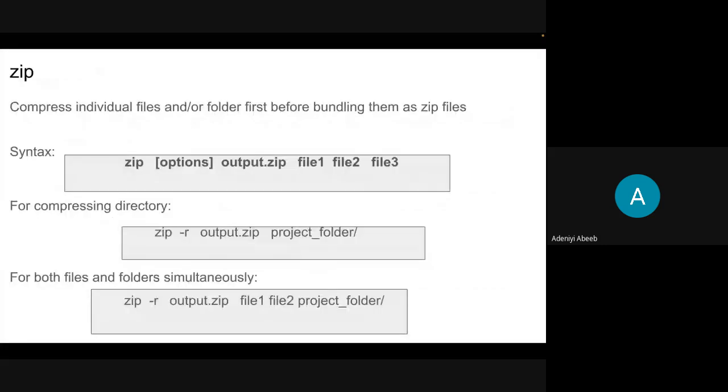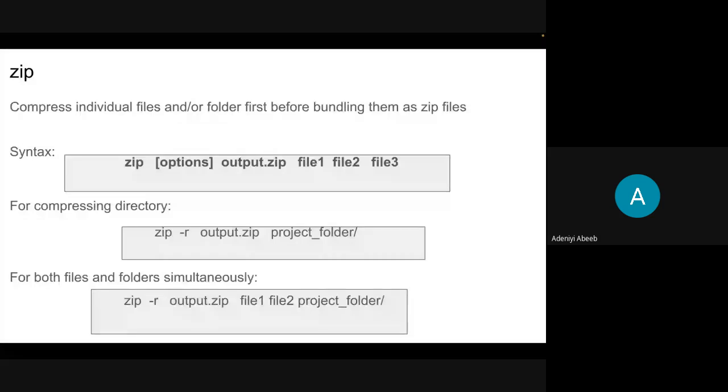Then we started looking at the first compression tool, which is the zip file. We showed you the syntax. I told you that zip actually does 2 things. Number one, it compresses individual files and or folders first before bundling them. If you have more than one file or folder that you are trying to combine and compress, it is going to first compress all of those files or folders individually before bundling them together.